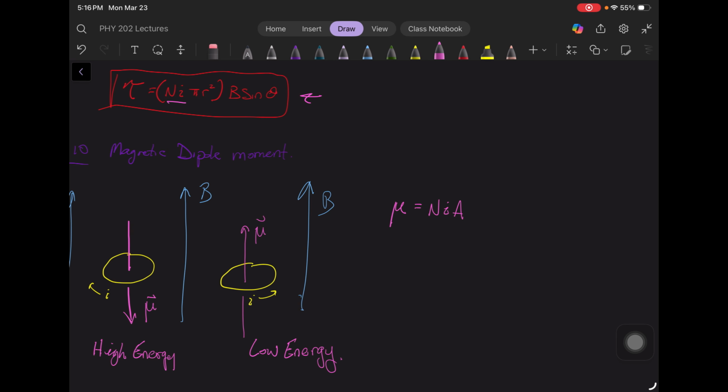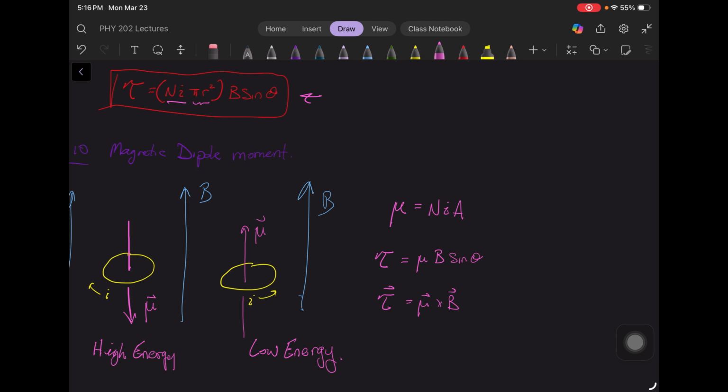N i, and here's the area of a circle. And so we can say the torque from that is going to be mu B sine theta, where theta is the angle between the vectors, or if we want, we can say tau is equal to mu cross B.